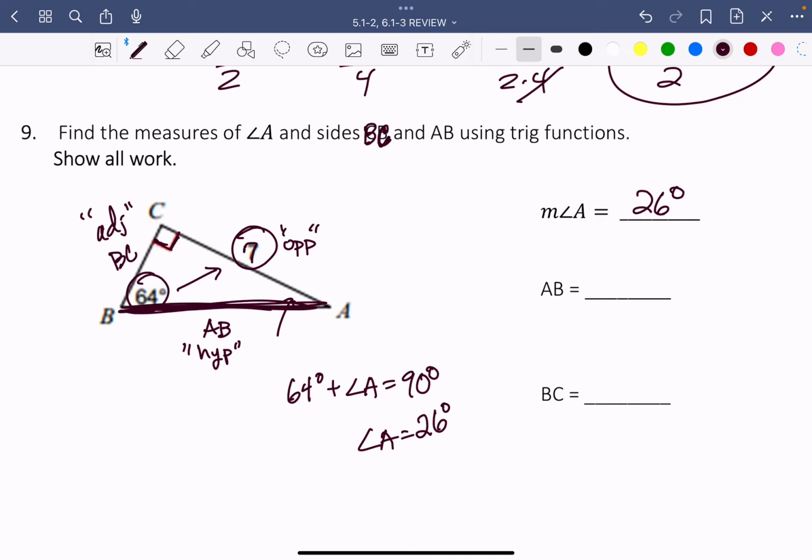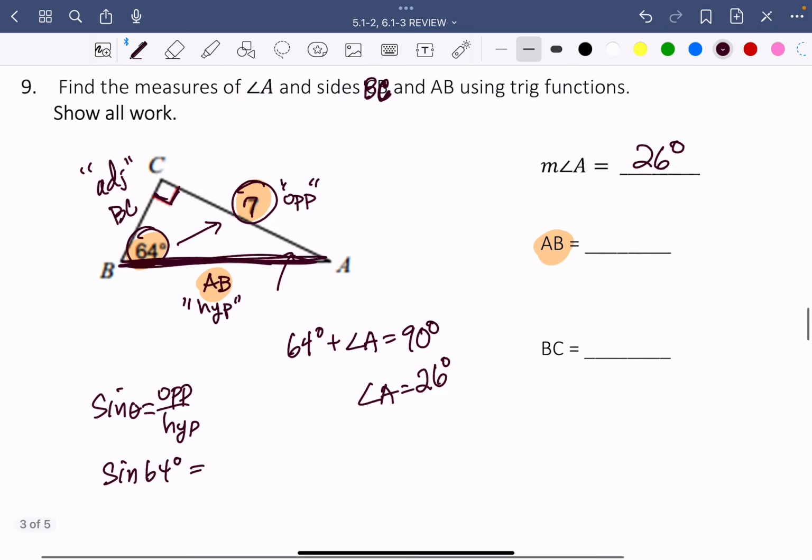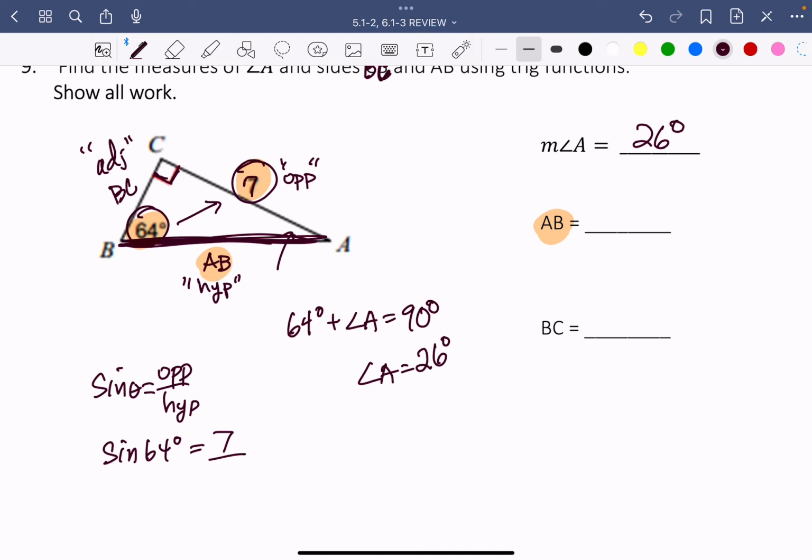Okay, so if I want to know what AB is, then if I take 64, 7, and AB, I guess what is opposite over hypotenuse? Well, that's sine. So the sine of my 64 degrees must be equal to the opposite, which is 7, over the hypotenuse, which is what I want, AB.